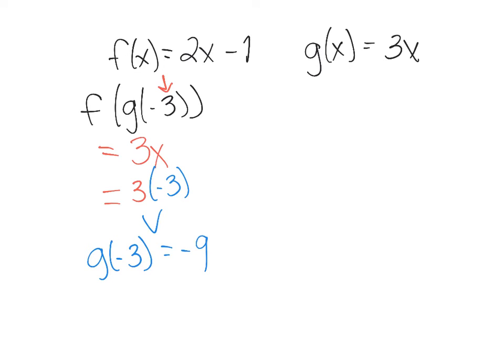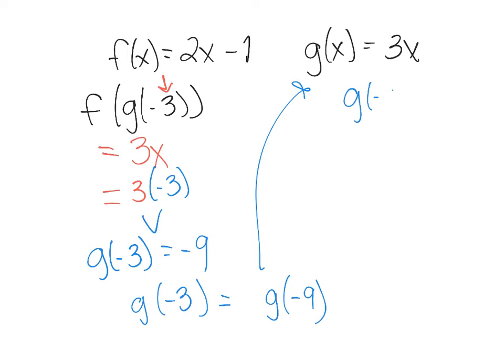Now, Cam, I want you to tell me, what is g of negative 3 equal to? G of what? Good. Okay. Ava, I'm going to come up here. What am I writing down?